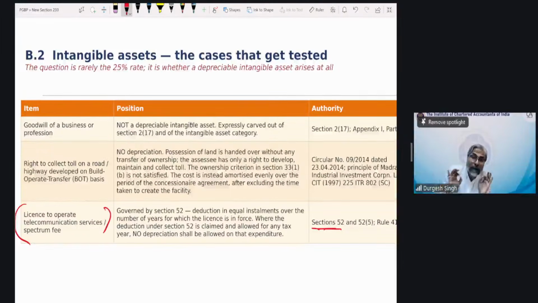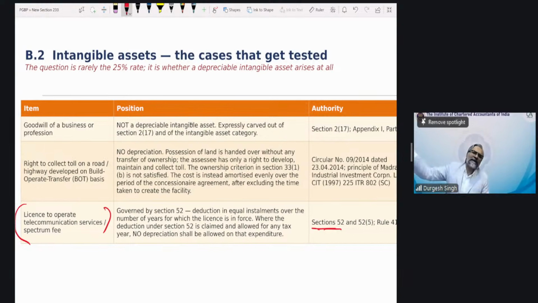This is the fate of a capital expenditure in the form of an asset. Fate means the destiny of a capital expenditure which is incurred to acquire an asset or to construct an asset. There could be some specific provision which regulates their deduction. Any example? Yes, like the telecom license, wherein the capital expenditure incurred to acquire the telecom license is governed by a specific provision, which is section 52.